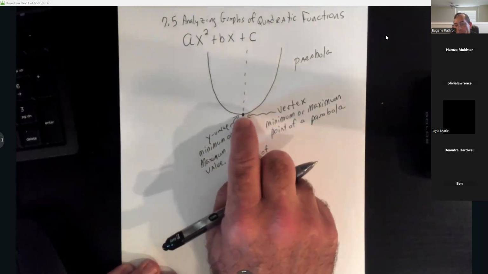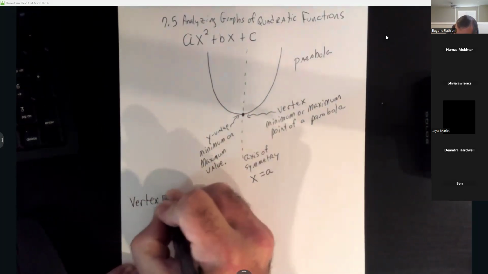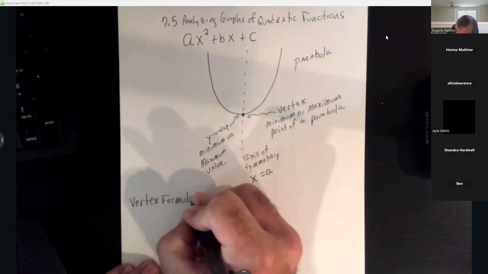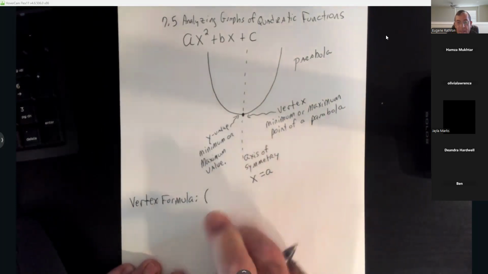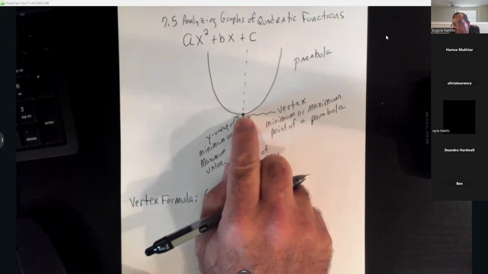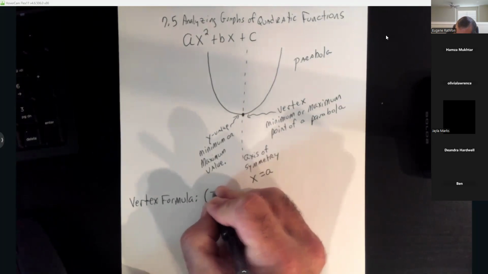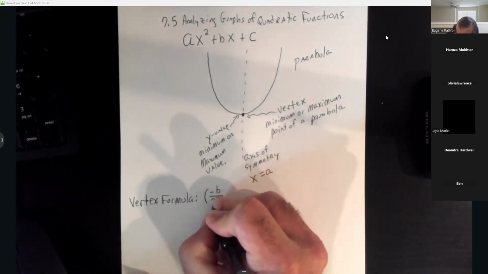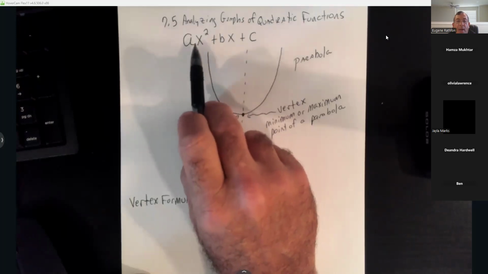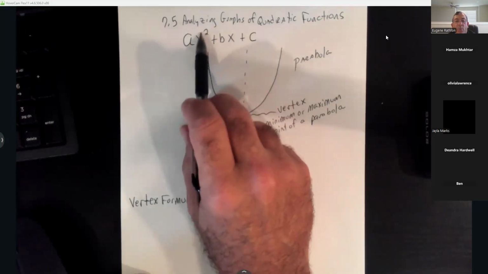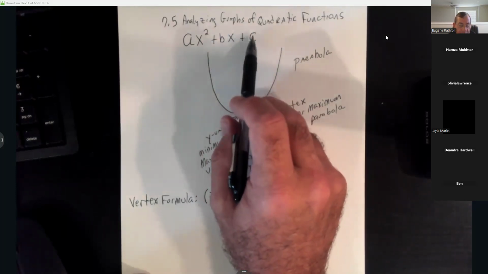So we got a formula we use to find this vertex. So the vertex formula is going to look like an ordered pair since that's a point. To get the x value, you do negative b over 2a. So negative b divided by 2a. So remember, a is in front of the x squared term, b is in front of the x term, and c is the number at the end here.